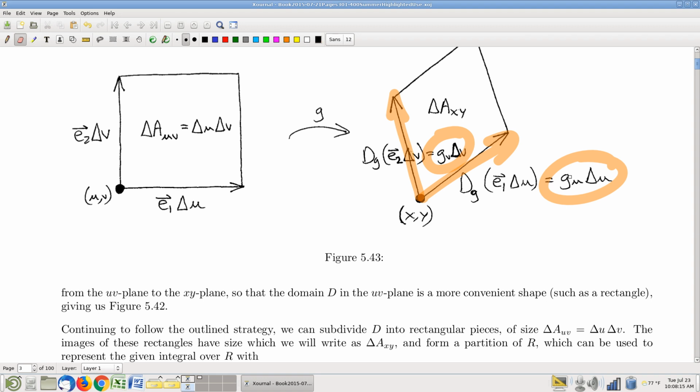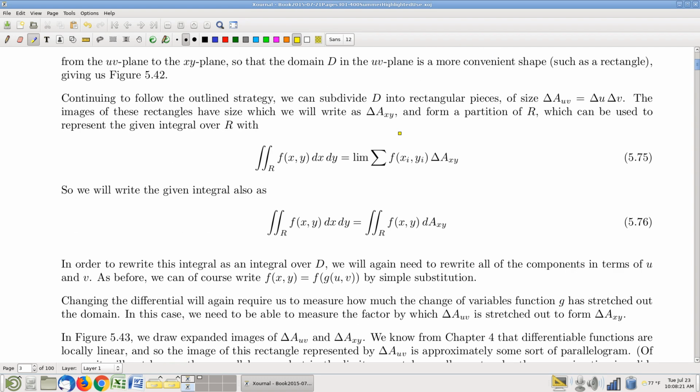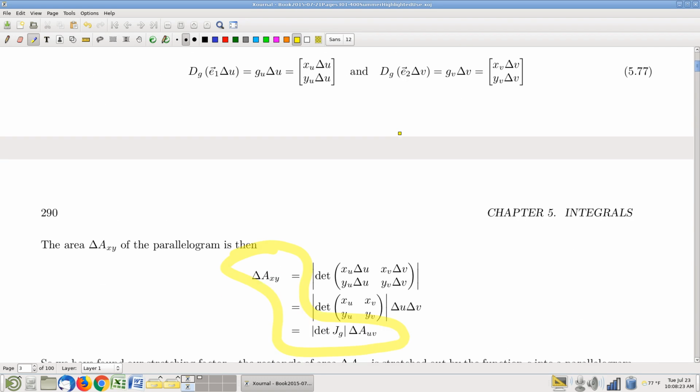Let's determine the area by making a determinant. This area is this determinant.